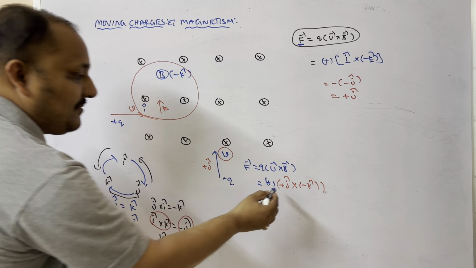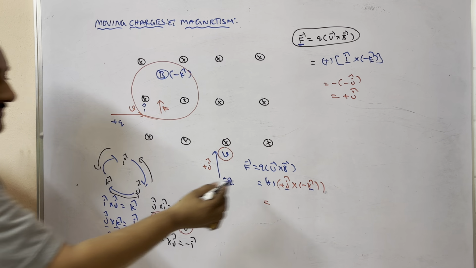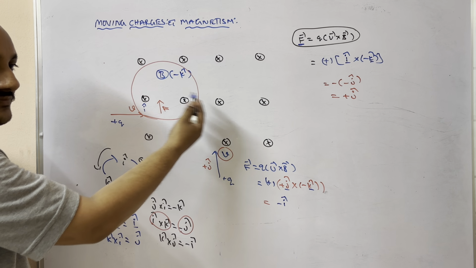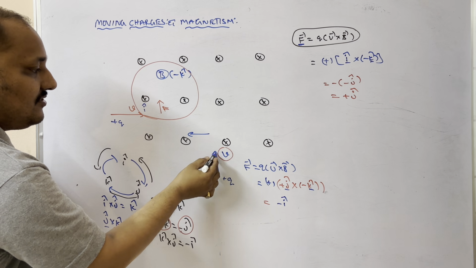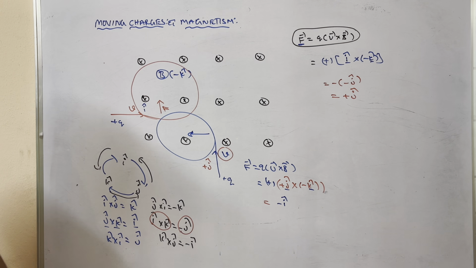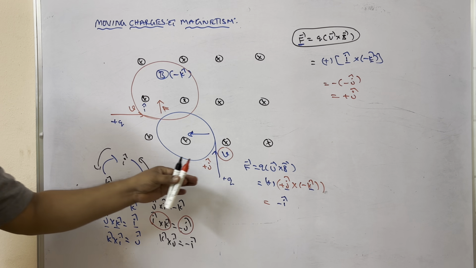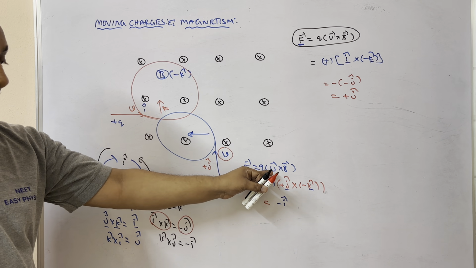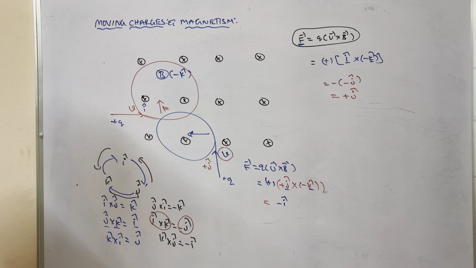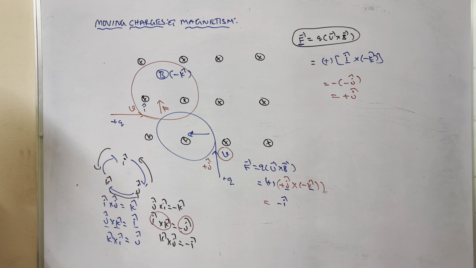Now see, J cap cross K cap is I cap, here already minus is there, minus I cap, therefore force is acting towards the left. So towards the left, it will be coming like this. Now in which direction force is going to act, we are getting by using this rule, I cap cross J cap, the cross product of two vectors gives the resultant force direction.